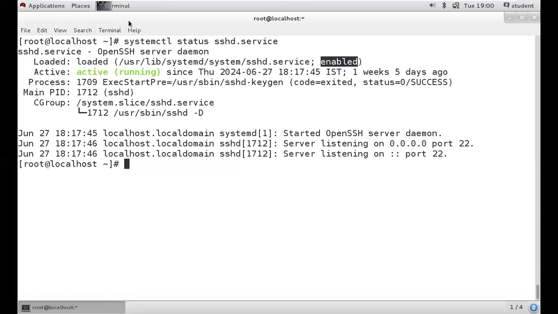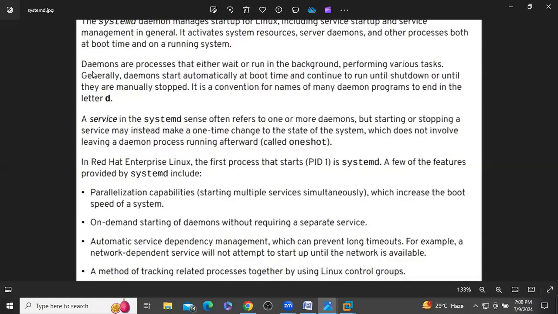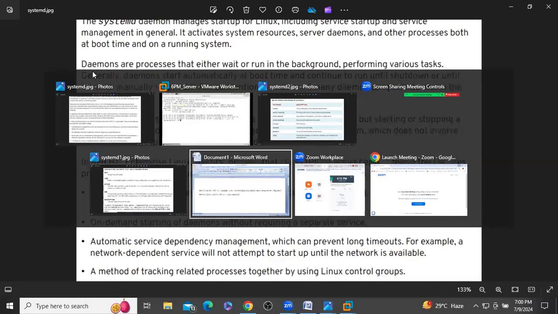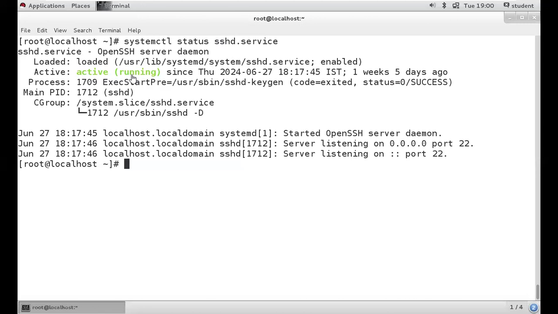Right. So now coming to active. Active running means it is running at present in our operating system. SSHD is active and running, which means we can access this machine remotely from another machine through the network.